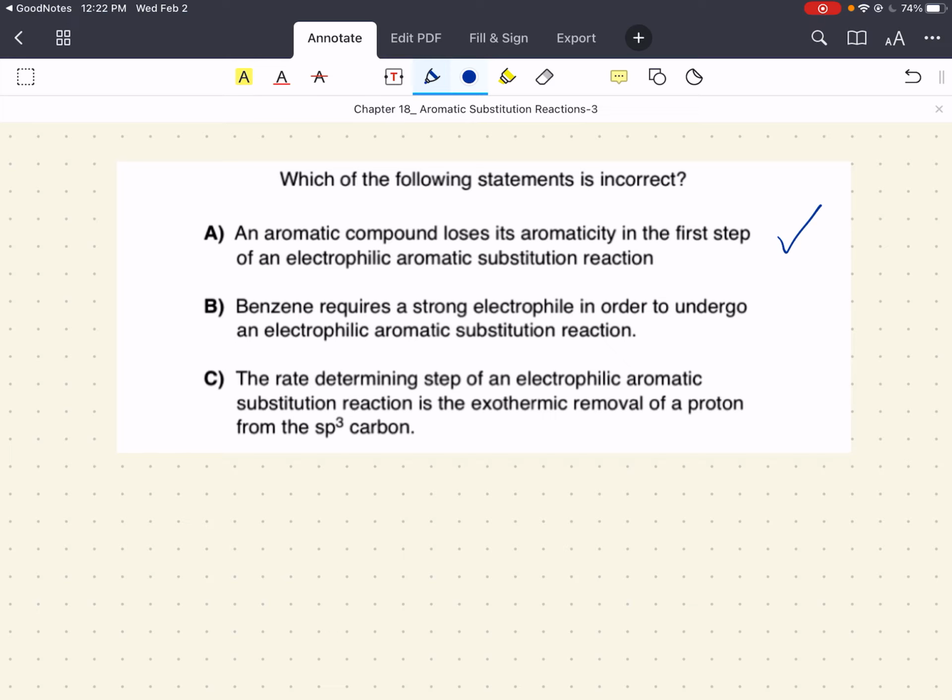This statement is correct. B says benzene requires a strong electrophile in order to undergo an electrophilic aromatic substitution reaction. This is also a correct statement. We need a strong electrophile.